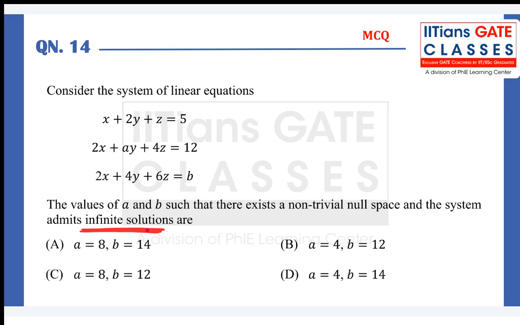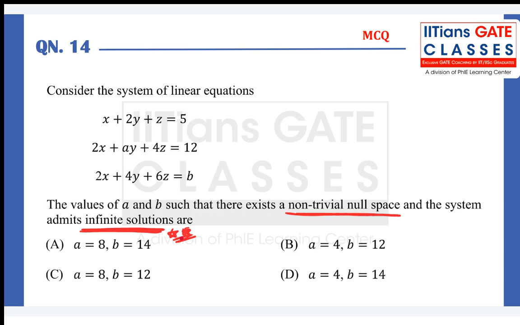Just to confuse some students, they have given this term, non-trivial null space. This is also a mathematical term, but even if you don't know it, you can still solve the problem if you remember the conditions for infinite solutions for a system of linear equations.